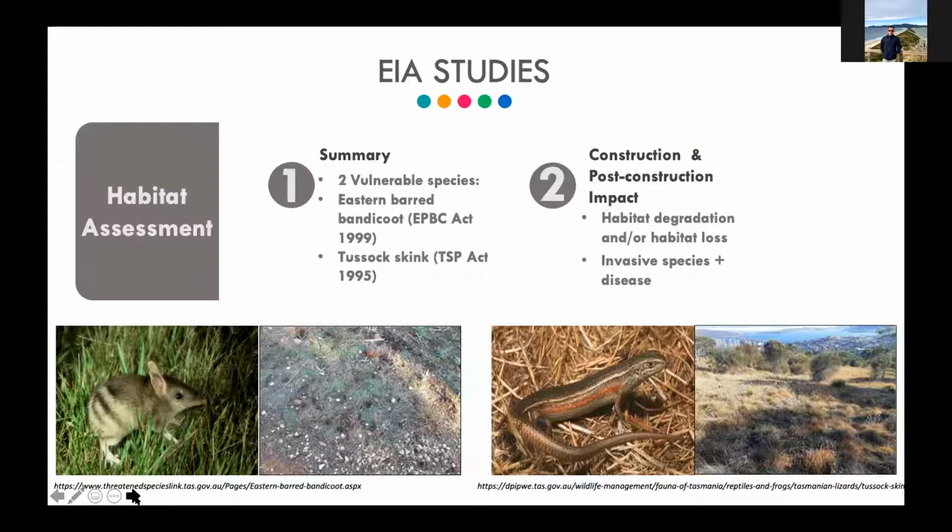The document says that both construction and post-construction activities in the proposed development area will cause habitat degradation, or a decrease in habitat quality, that will result in habitat loss. The impact will also come from the invasion of alien species or disease that come into the area. Here at the bottom left, we can see the eastern barred bandicoot and the habitat around the area, and the bottom right is the tussock skink and its habitat in Rosny Hill.